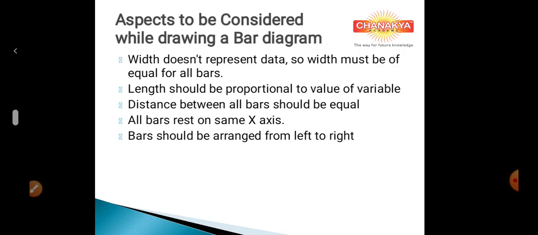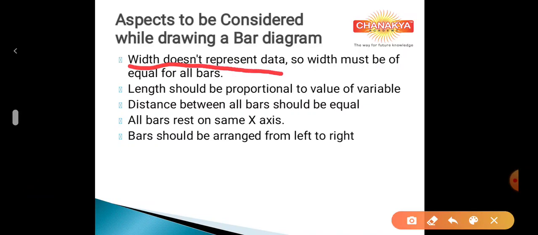We have seen a clustered bar diagram, divided bar diagram. Today we will see the points we must keep in mind when preparing such diagram. The first one is the width does not represent data. So width must be of equal bars. Does not represent data.